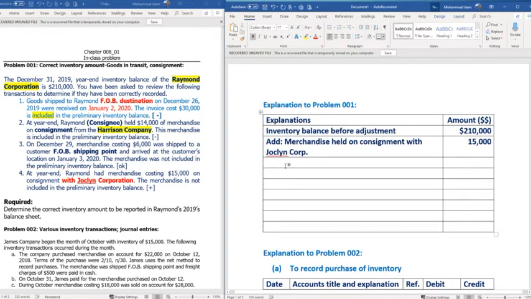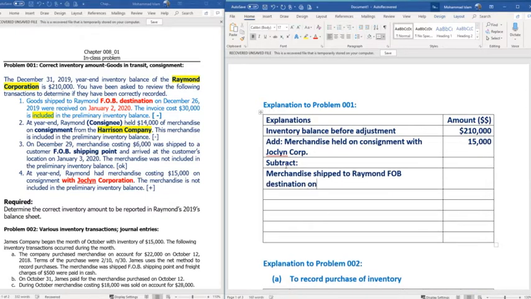And then subtract. What do we subtract? Subtract number one, merchandise shipped to Raymond, free on board destination on December 26, and that is 30,000.